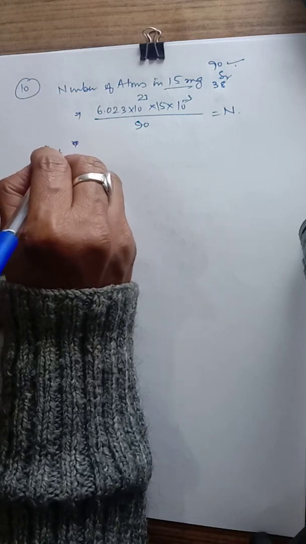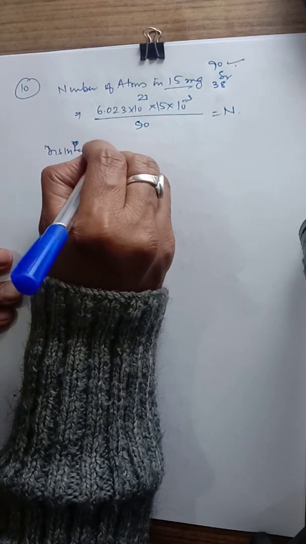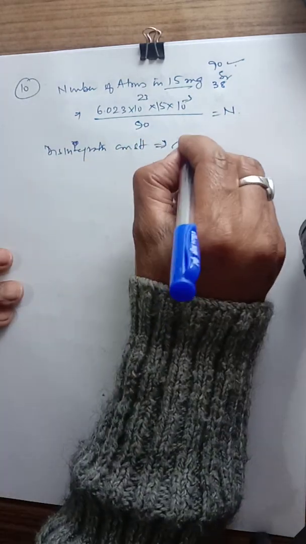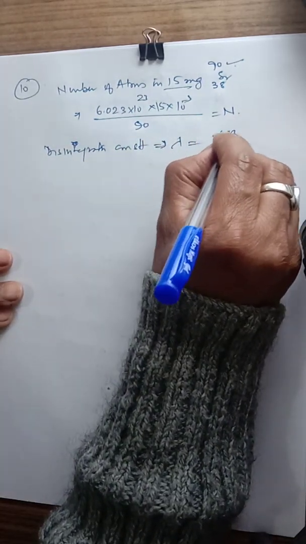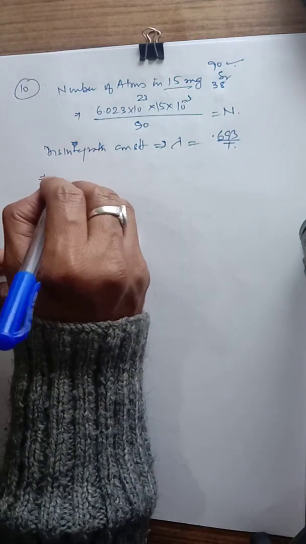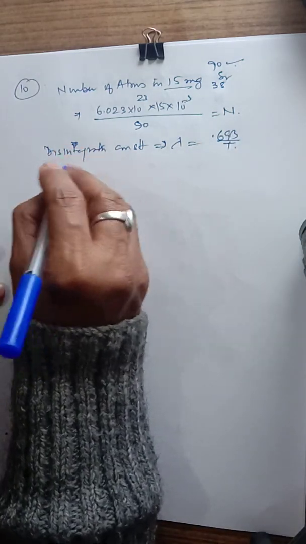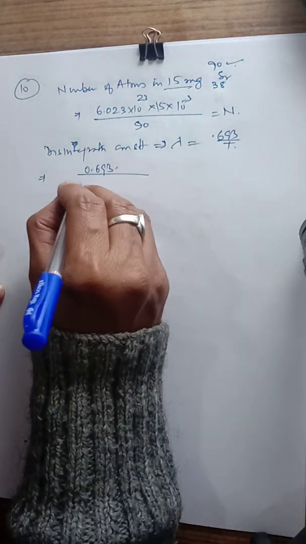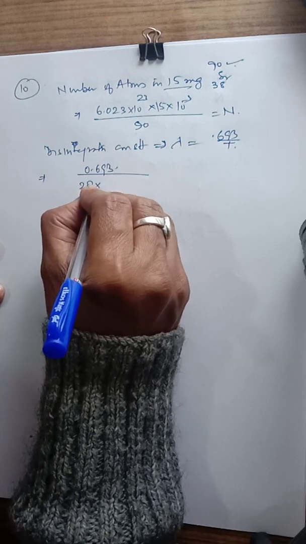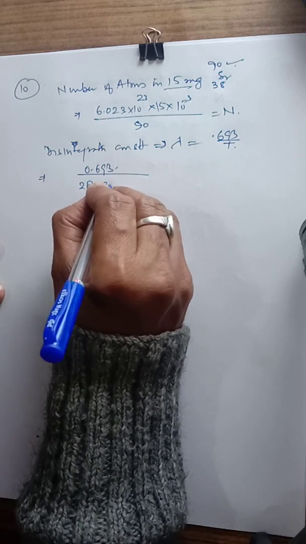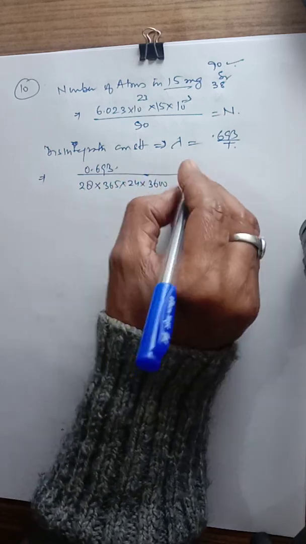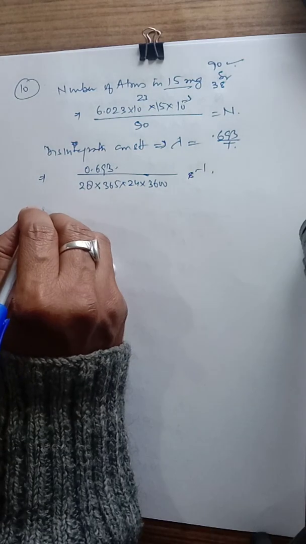Now the disintegration constant, let that be lambda. So lambda is 0.693 upon t, where t is 28 years, that is 28 times 365 days times 24 hours times 3600 seconds, so it becomes second inverse.